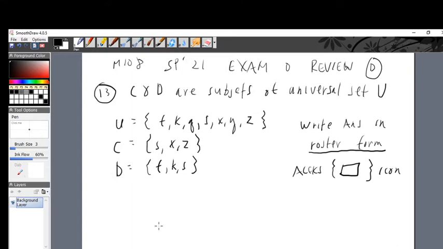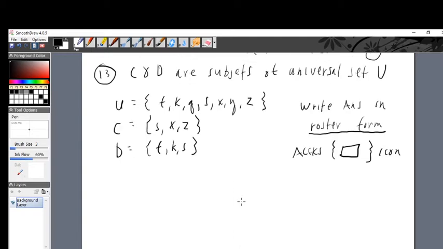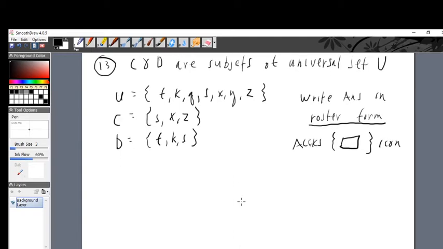Okay, so now, here is question number 1. Let's pull this up a little bit for complete clarity. Question 13A: what is C intersect D prime?